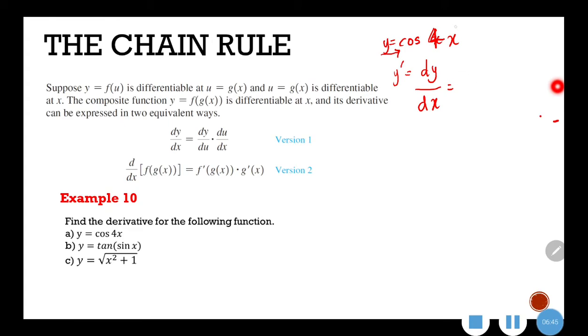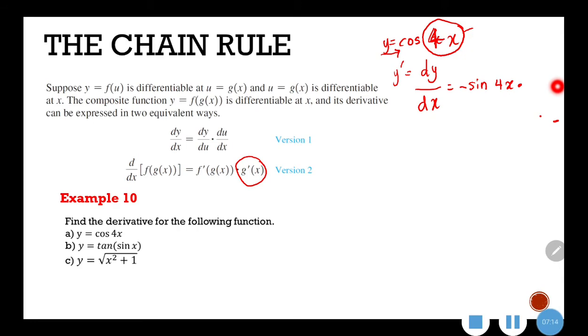So differentiate the whole thing, cos 4x, and you will get minus sin 4x, times the second function. What is the second function here? The second function here is 4x, g prime x.